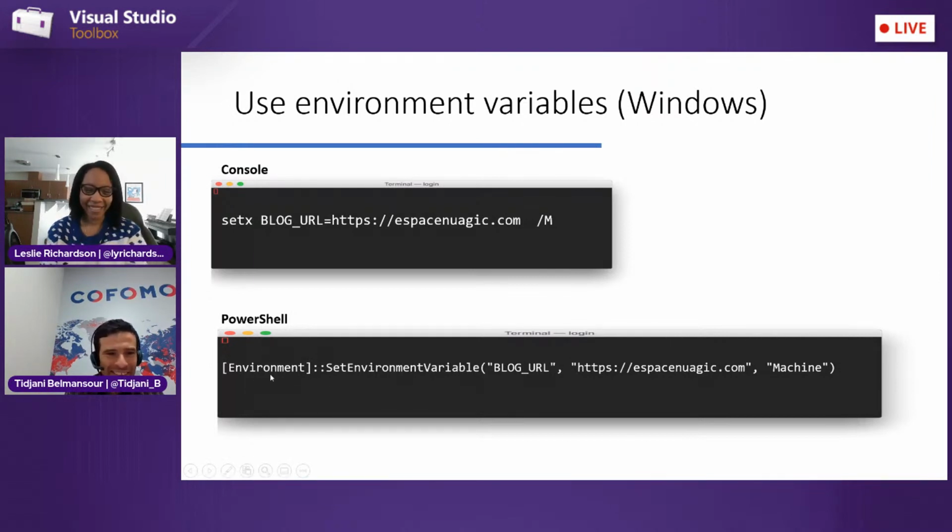Well, verbosity has some advantages. You can easily understand what's happening here. It's clear that I'm setting an environment variable. It's like a method call. Yeah, exactly. The first parameter is the name of the environment variable. The second is the value. And the third one is the scope. So here the scope is the machine. Okay, so it's machine-wide.